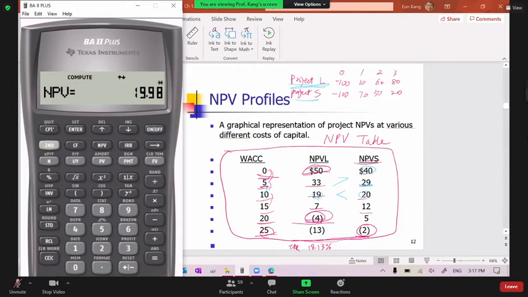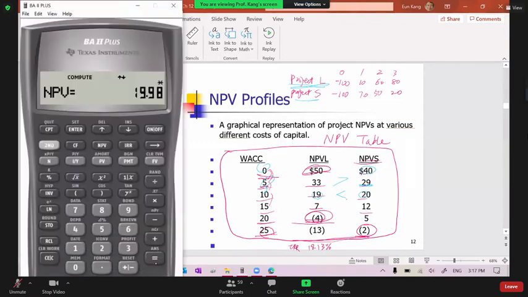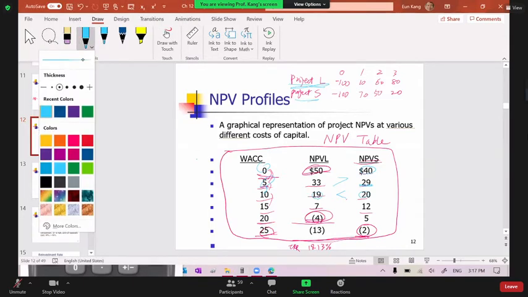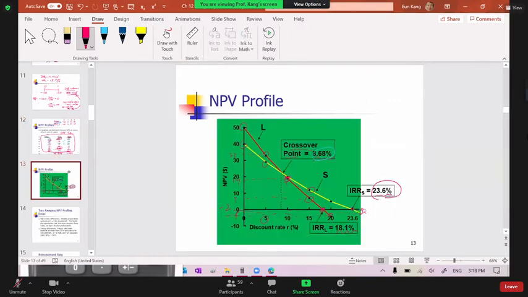You provide those yourself, according to your IRR. So hit IRR and compute. 23.56%, right? So you have to specify the IRR of L, the IRR of S, and this crossover point.